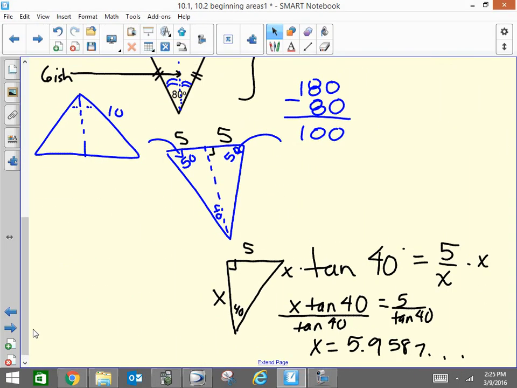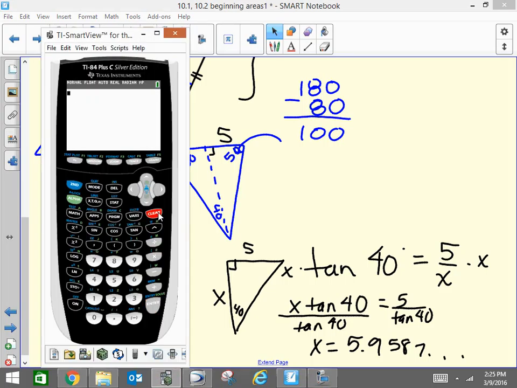All right, let me catch up here with my calculator. I did 5 tangent of 40. Uh-oh, silly mode. I have to do radians. Y'all don't get switched around, do you? Pre-cal's almost all in radians.